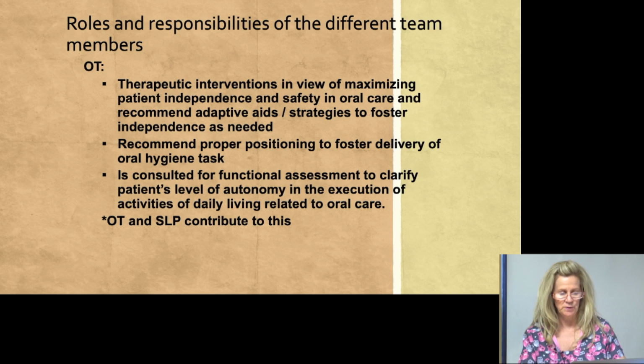And here we have the roles and responsibilities of the OT: therapeutic interventions in view of maximizing patient independence and safety in oral care, and recommending adaptive aids and strategies to foster independence as needed. They recommend proper positioning to foster delivery of oral hygiene tasks, and are consulted for functional assessment to clarify patients' level of autonomy in the execution of activities of daily living related to oral care.